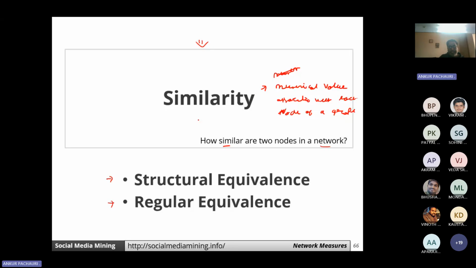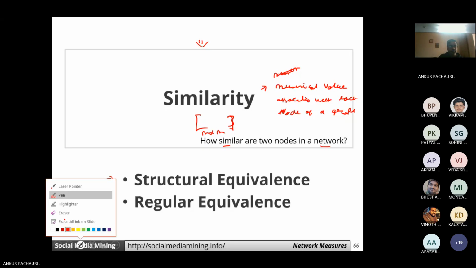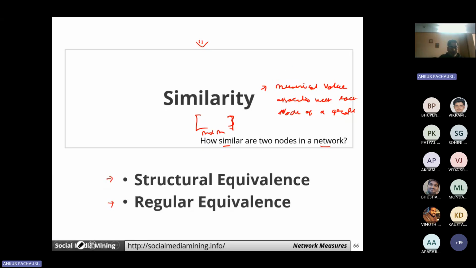So that means this similarity again will be a matrix of order n cross n. Somehow we have to compute the numerical values which tell me the extent of similarity between two nodes of a graph.